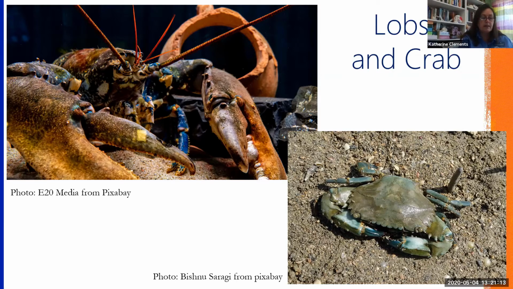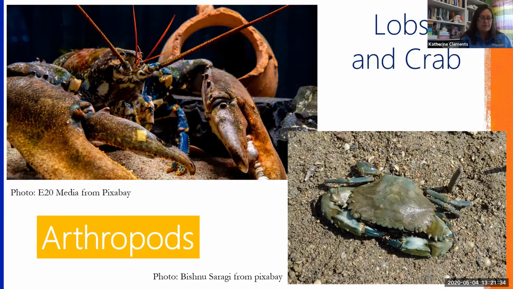And the crab and lobster both have an exoskeleton. We call it a shell, but it's actually an exoskeleton that molts as they grow. Sometimes you might even find an empty crab exoskeleton on the beach. So what group do these belong to? You're right, they are arthropods.